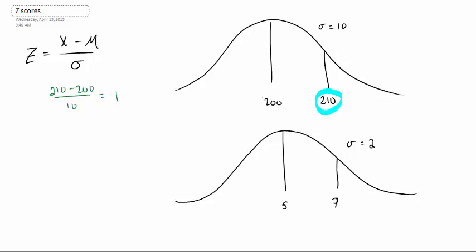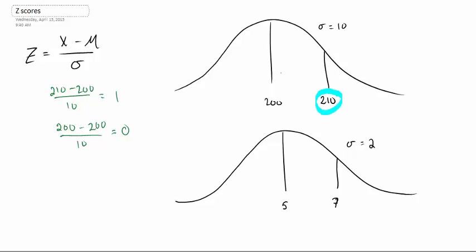If I wanted a z-score for 200, 200 minus 200 divided by 10, or 0. So the z-score for 200, the z-score for the mean is 0, and that's always going to be the case. And the z-score for 210 is 1.